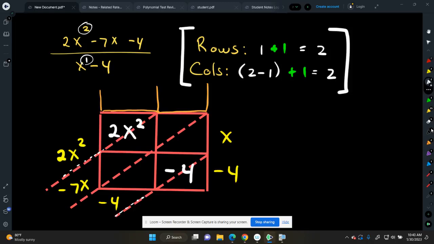Okay. Let's figure out this one. What do I have to multiply the x squared by to get 2x to the third? 2x. There you go. Now we can finish the rest of that column. 2x times 5x gives me 10x squared. 2x times 3 gives me 6x.